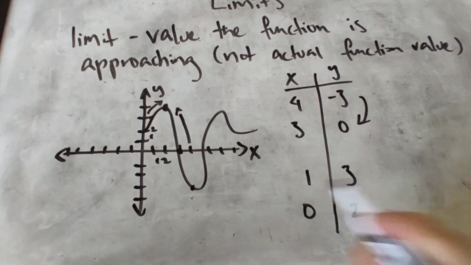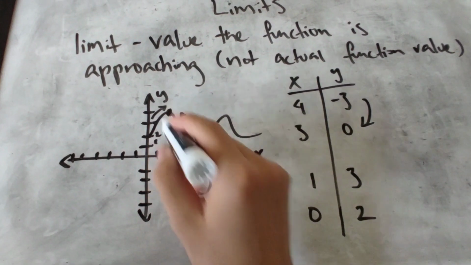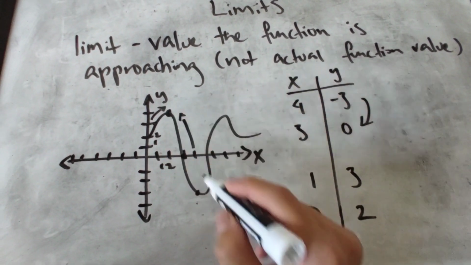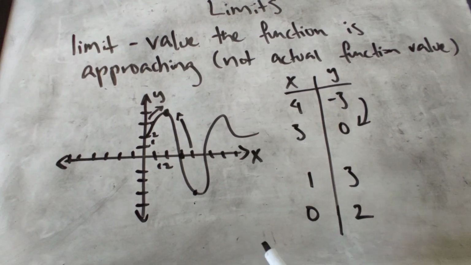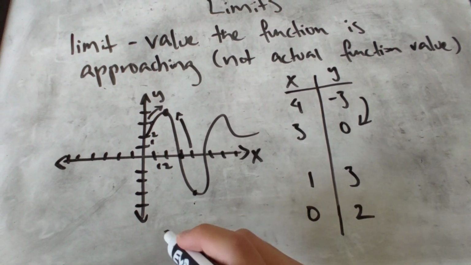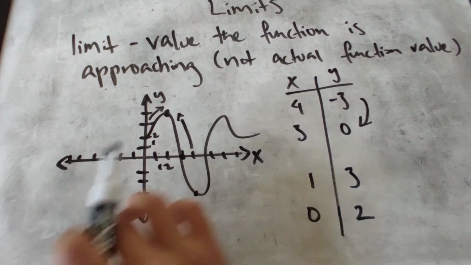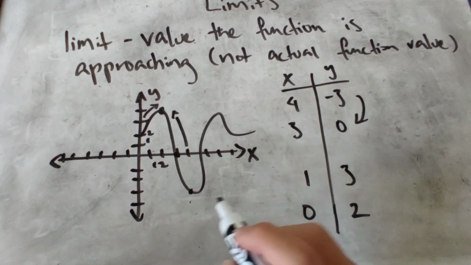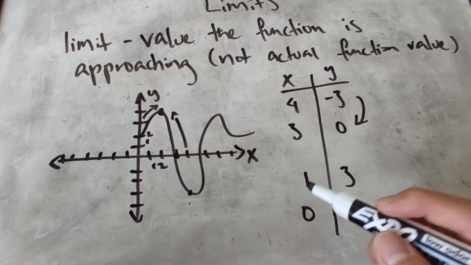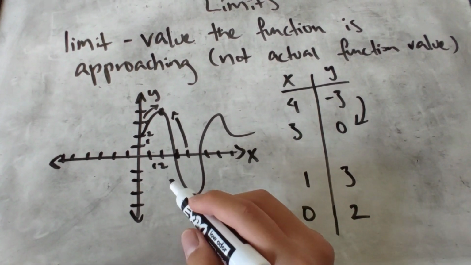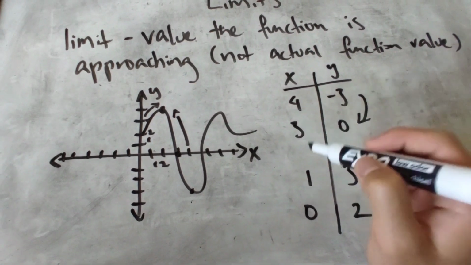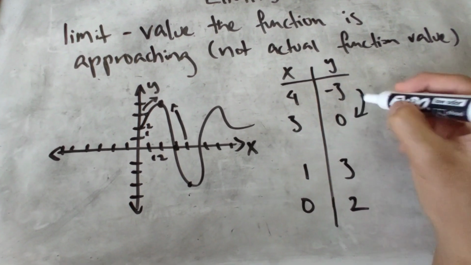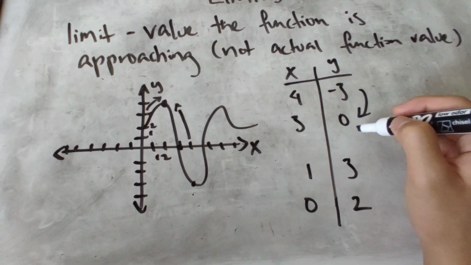That matches with our graph, and you can see how it kind of pinches towards the value of 4, and that's what a limit is. It's the value the function approaches from the left and the right side. As x gets closer and closer to 2 from the right side, from 4 to 3, the value of y gets closer and closer to 4.